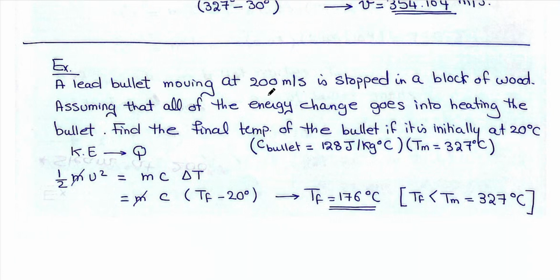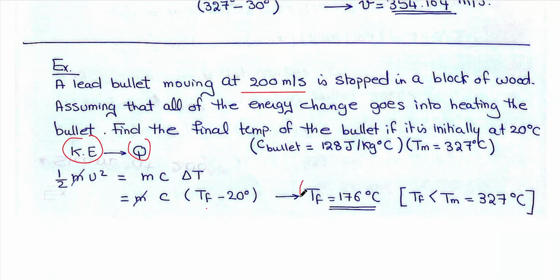a bullet moving with speed 200 meters per second stopped in a block of wood. What is its final temperature if I have the velocity and want to find its final temperature? The kinetic energy will be converted to heat energy, half mv squared equals mc delta T. T final is unknown.